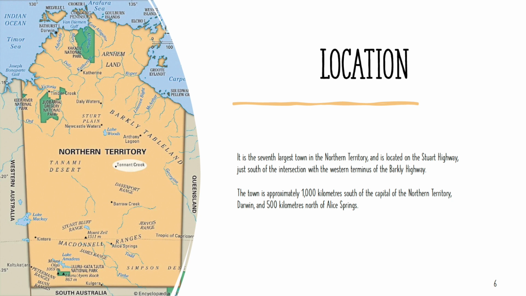It is the seventh largest town in the Northern Territory and is located on the Stuart Highway, just south of the intersection with the western terminus of the Barkly Highway. The town is approximately 1,000 kilometers south of the capital of the Northern Territory, Darwin, and 500 kilometers north of Alice Springs.